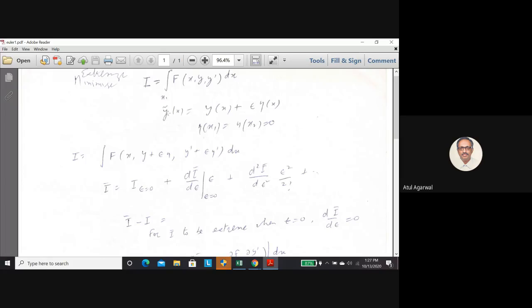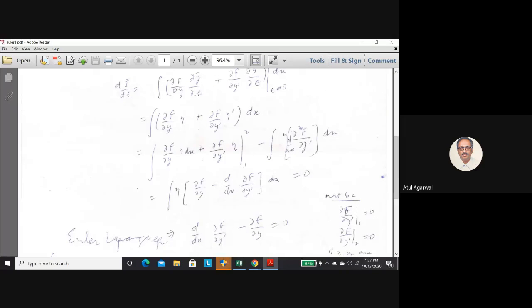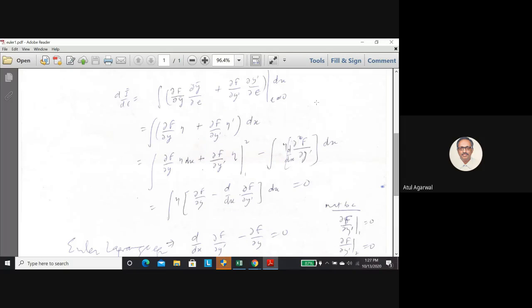So the derivative of y prime bar with epsilon is eta prime of x. This is not very tricky. The derivative of y bar with epsilon is eta, and the derivative of y prime bar with epsilon is eta prime. So you replace it. You have to take an integral with dx. So this derivative, you take it down as such.